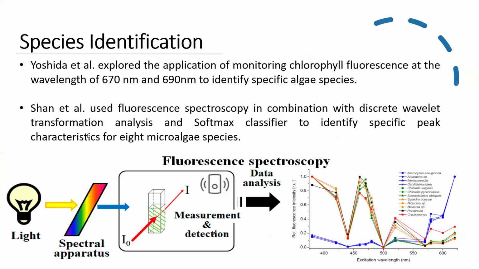Furthermore, Shan et al. also used fluorescence spectroscopy in combination with discrete wavelength transformation analysis to identify specific peak characteristics for 8 microalgae species. All 8 species could be differentiated with discriminative probabilities greater than 80%.